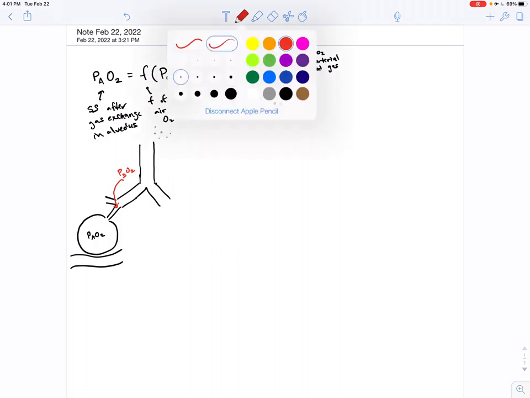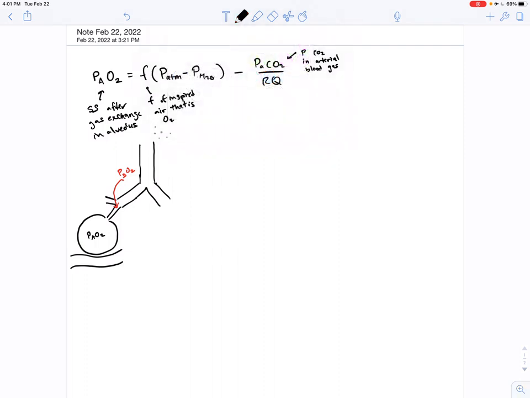A quick side note, just to elucidate some aspects of partial pressure. Remember that pressure is related to density or to concentration by the ideal gas law. So PV equals nRT. We can realize that partial pressure, P, is going to be related to N over V times RT, and N over V, the number of moles over the volume, is a measure of concentration.